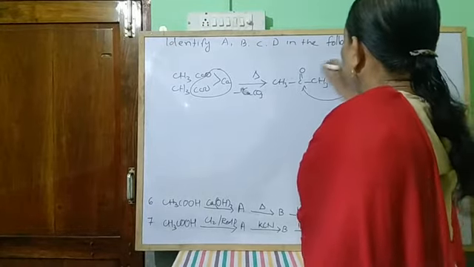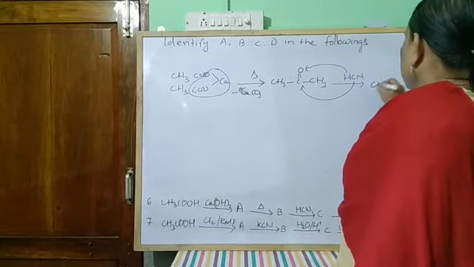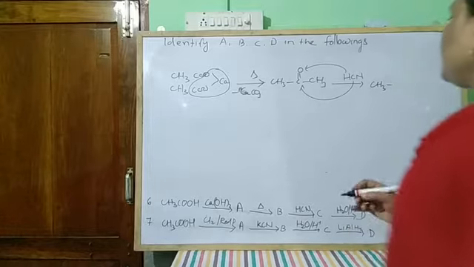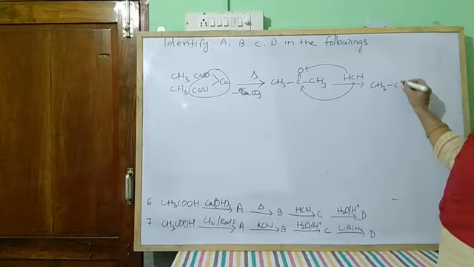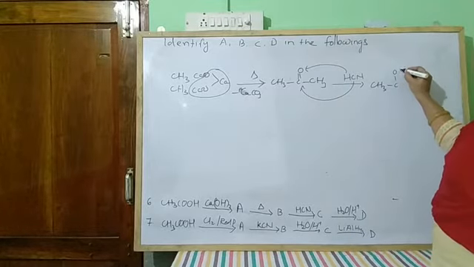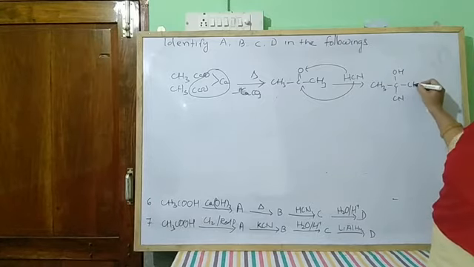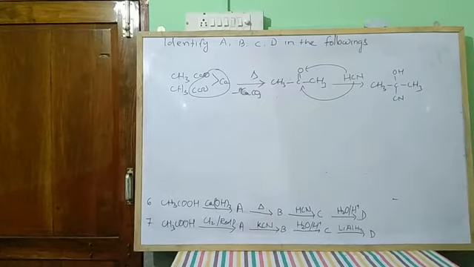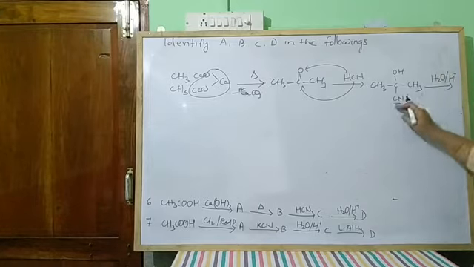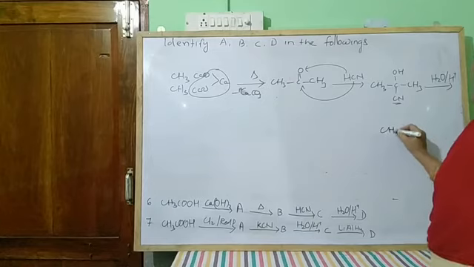will come here and H will join here. This is a nucleophilic addition reaction. And then it undergoes hydrolysis, H2O, H plus. The cyanide group is hydrolyzed by H2O to a COOH group.